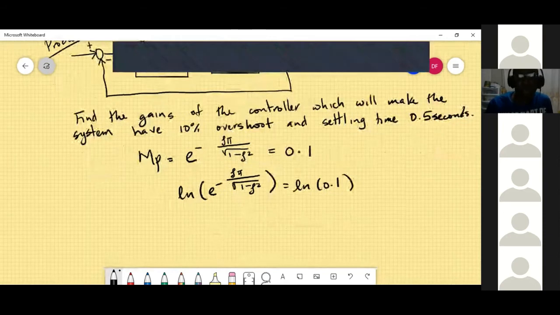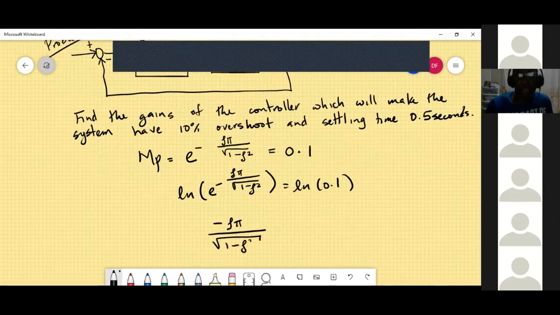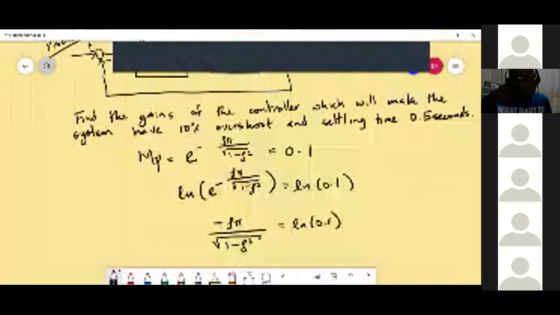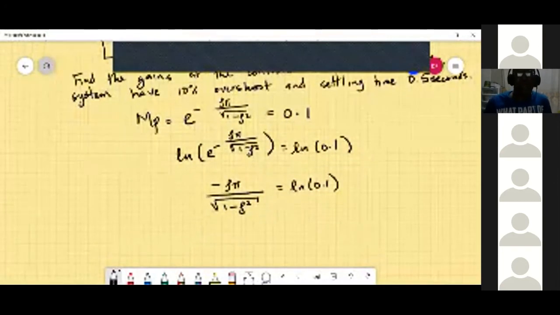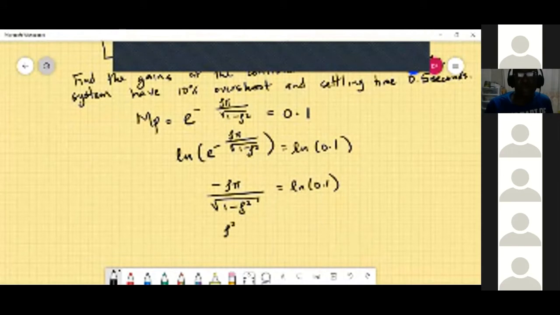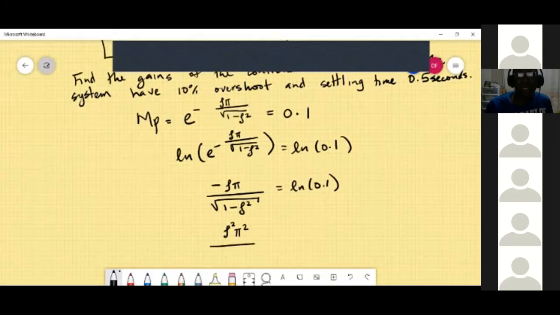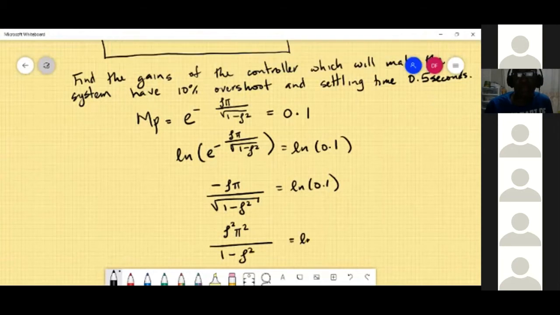So that's minus pi times damping ratio over the square root of 1 minus damping ratio squared is equal to ln 0.1. We're going to square everything to get rid of the square root. So I give you damping ratio squared times pi squared over 1 minus damping ratio squared is equal to ln squared 0.1 here.